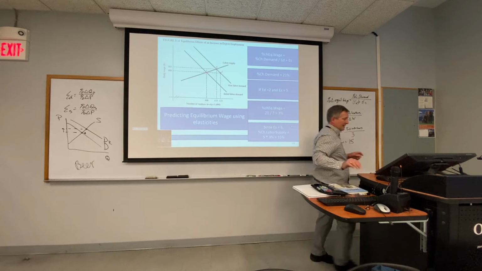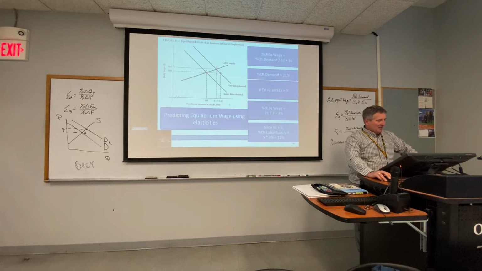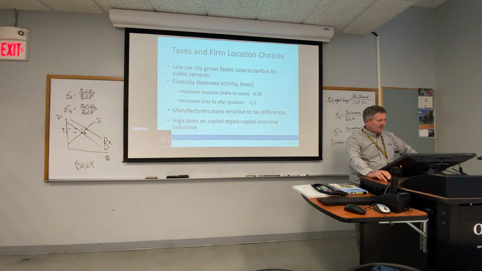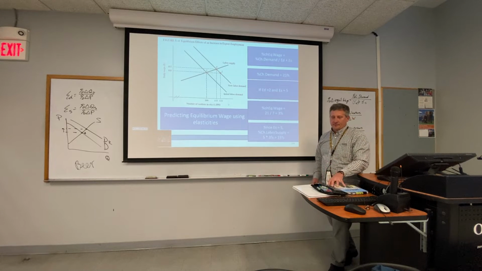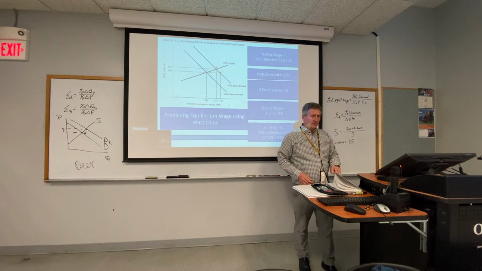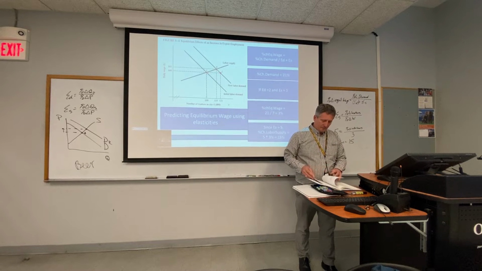All right, I think while that's fresh in our heads, we're going to do a problem. I have a quick question. Yes. Okay, so in the book it says the equilibrium wage is percent change in demand over ES minus ED, but you have it as absolute value of ED plus ES. So what is it?